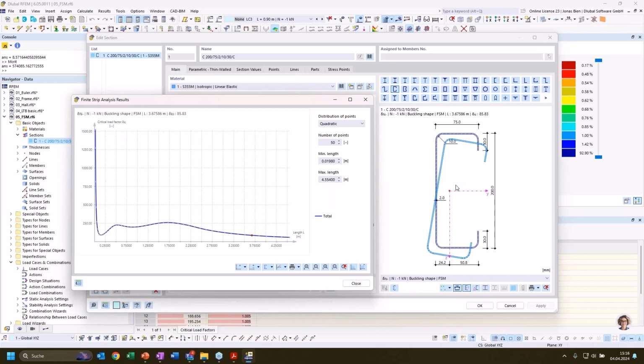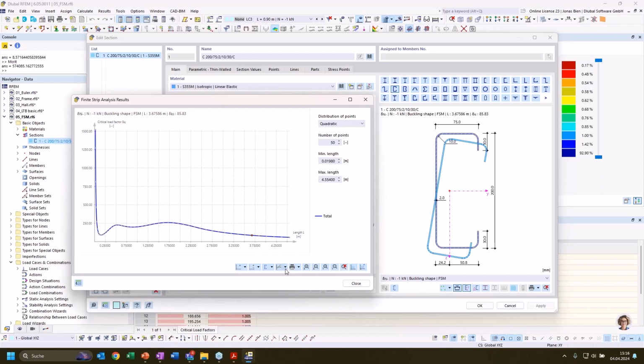So that would again indicate that there's some kind of flexural torsional buckling that is decisive for the stability of this particular cross-section or member with a specific length.